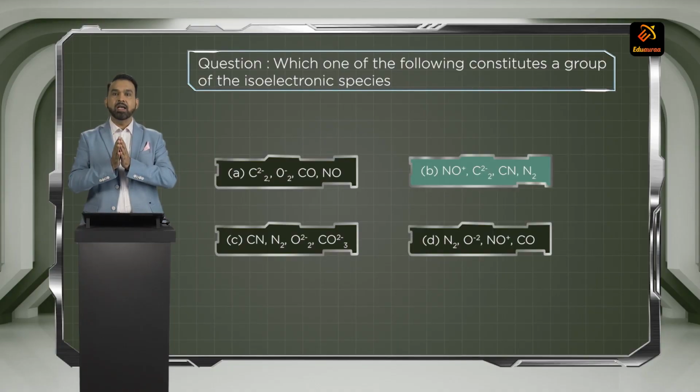C2: 2 carbons, 6 plus 6 is 12, and the minus 2 charge comes by gaining 2 electrons, so 12 plus 2 is 14. CN minus: carbon has 6 and nitrogen has 7, that is 13, and the negative charge by addition of an electron makes it 14. N2 in the molecular state has 14. So in choice B, all are isoelectronic species.